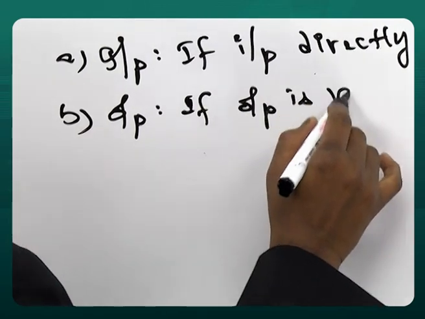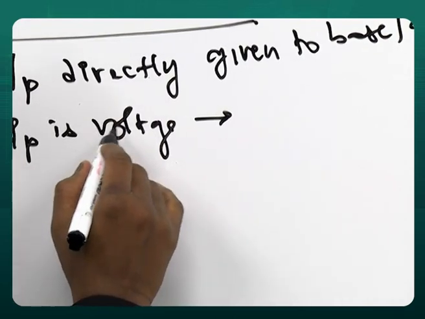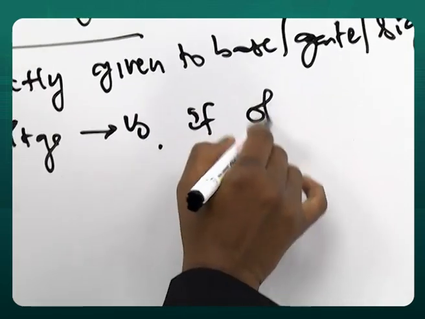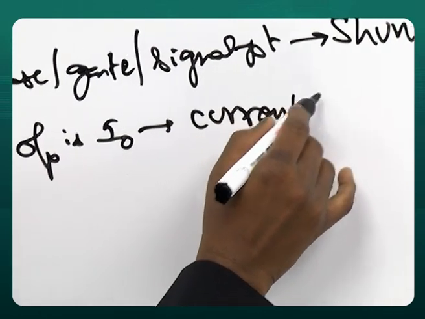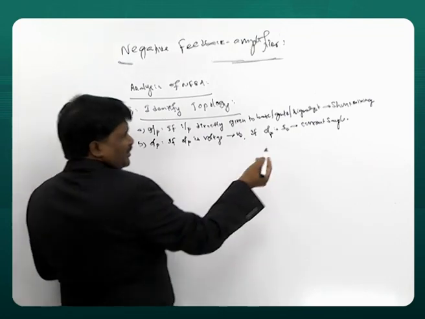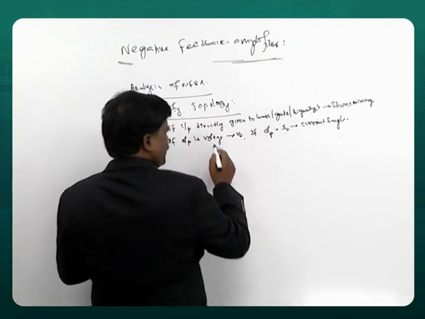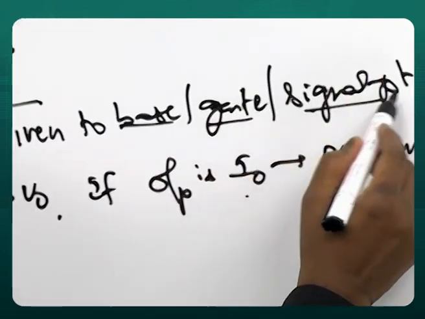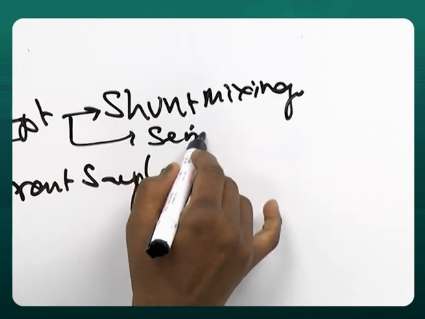If output is voltage, if output is V0, that is voltage. If output is I0, current. Now what is the topology? If output is current and input is shunt, current shunt; voltage shunt. If it is not given to base or gate or signal point, it is not shunt. Otherwise, if not shunt, it is series.